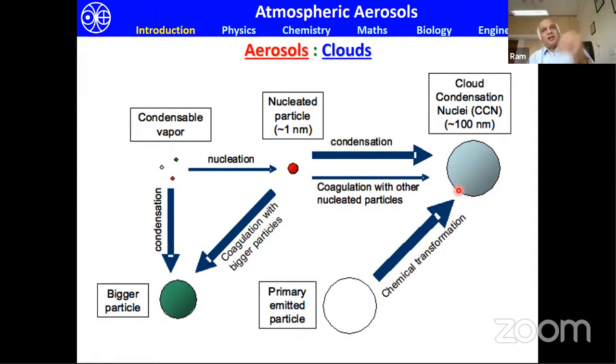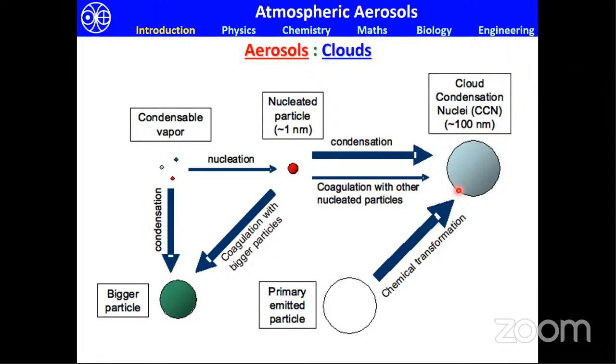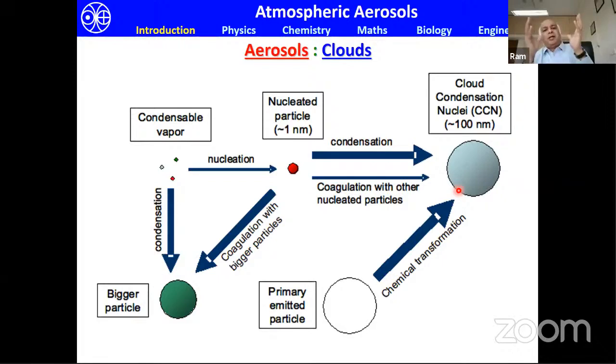The smaller particles that are present can condense on the vapor, and then they nucleate to form bigger particles, which finally turn into cloud condensation nuclei about 100 nanometers in size. Please note that there would be no clouds if there were no aerosols in the atmosphere. So this is an important aspect of the Earth's atmosphere, where aerosols serve as cloud condensation nuclei, which include sulfates, organics, etc.